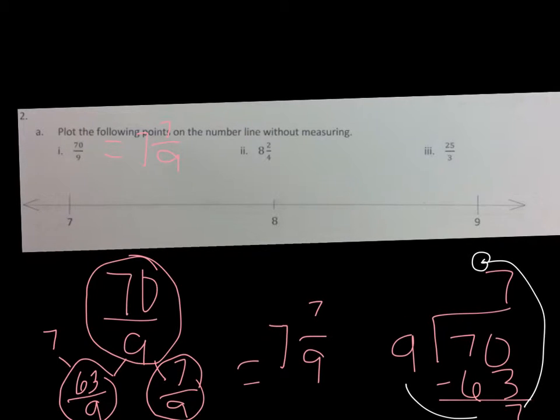Now we need to look to our number line, and we will start at 7, and then we will divide the space between 7 and 8 into ninths. Now that I have divided my number line into ninths, I will go to 7 and 7/9, and that is where I will mark 70/9.